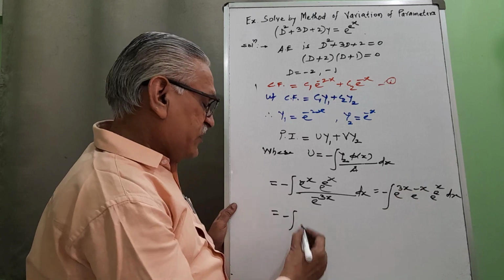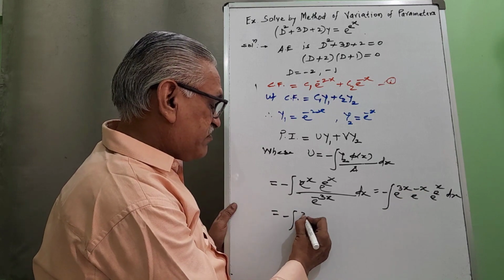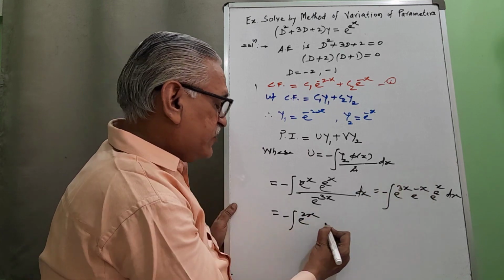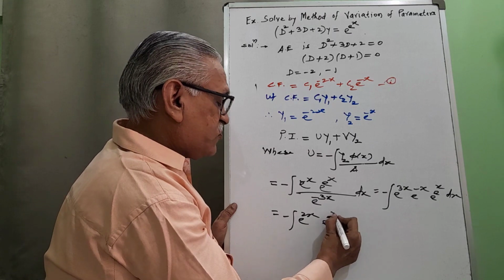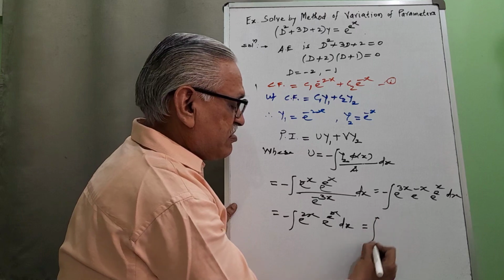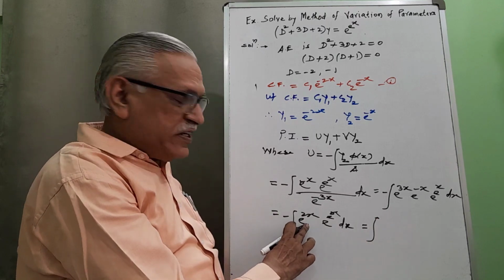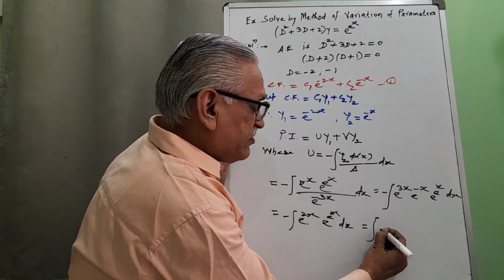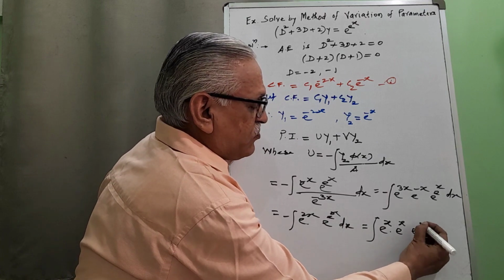Adding the powers, we get e raised to 2x into e raised to x dx. This e raised to 2x I can split as e raised to x into e raised to x.